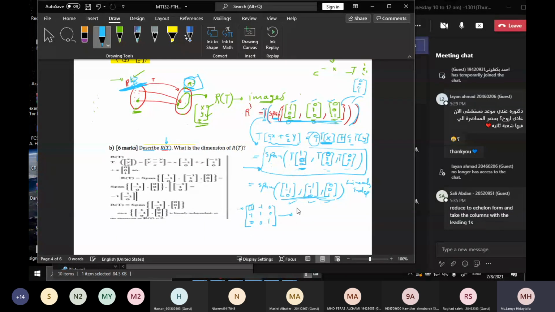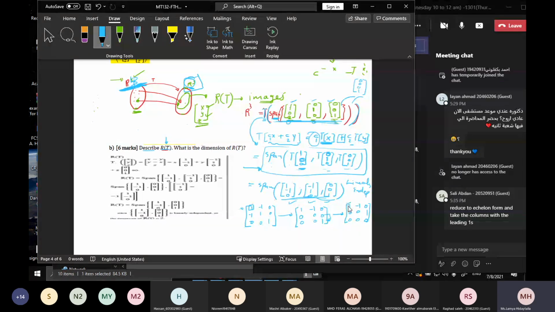We add R2 to R1, so we'll have 1 minus 1, then 0, 0, and then 1 minus 1, again 0, 0 plus 0, 0, and the last one 0, 0, 1. Then we take this one down, so I get 1 minus 1, 0, then 0, 0, 1, and lastly 0, 0, 0.